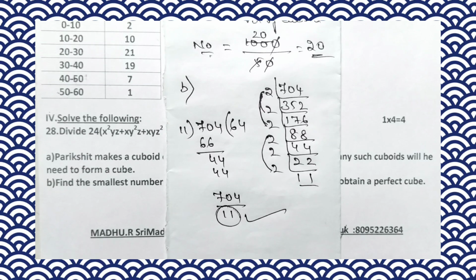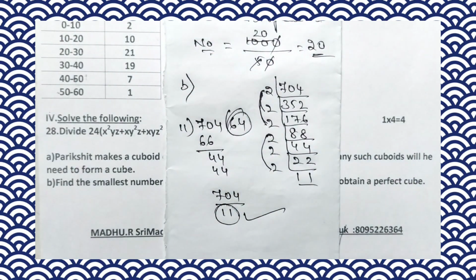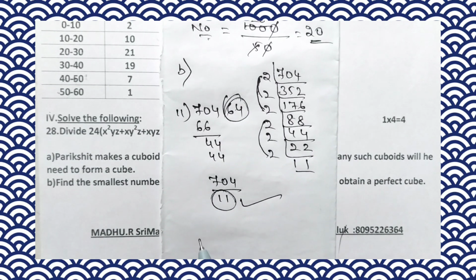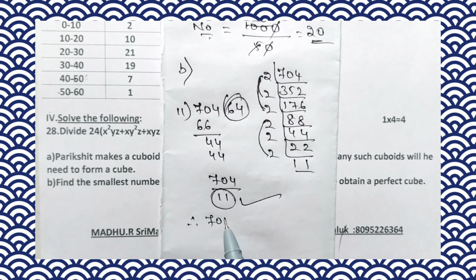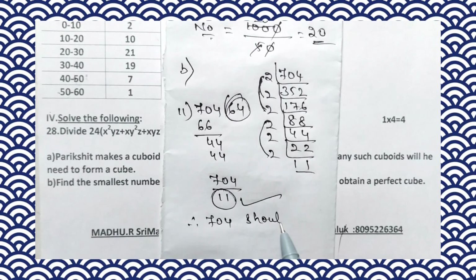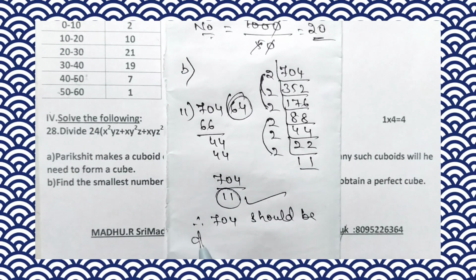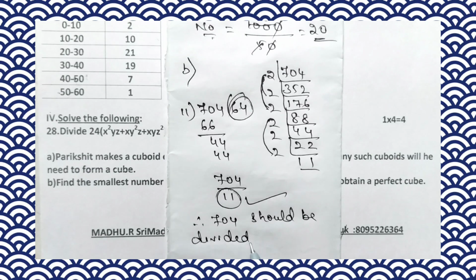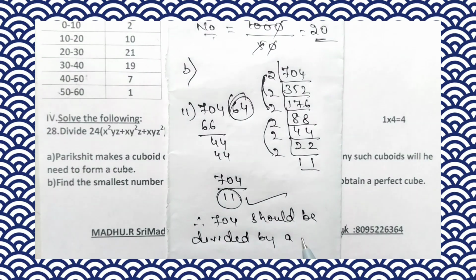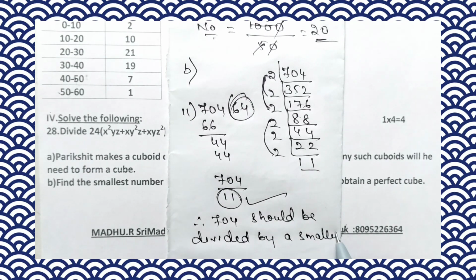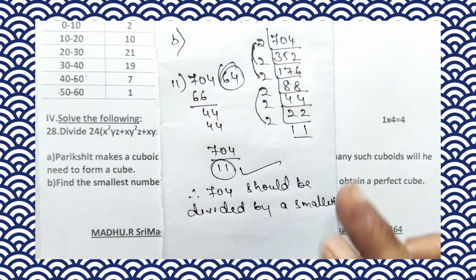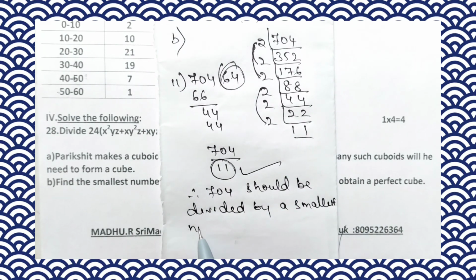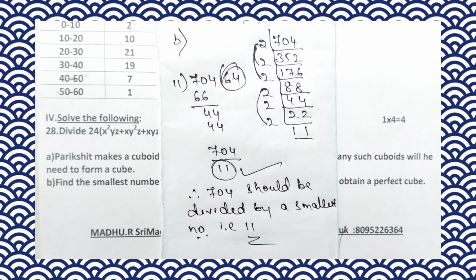If we divide 704 by 11, we get a perfect cube, and that perfect cube is 64. So like this we have to answer this question.